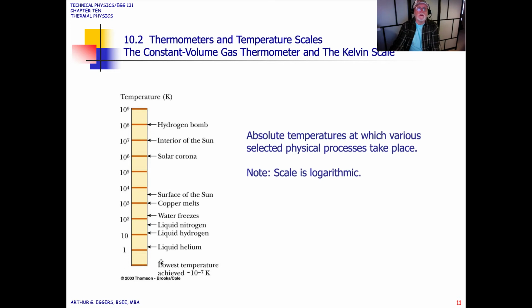Okay, 10 to the 0 power. Again, this is a logarithmic scale and not a linear scale. Please refer to the descriptions in your text to understand what's going on with this particular diagram.